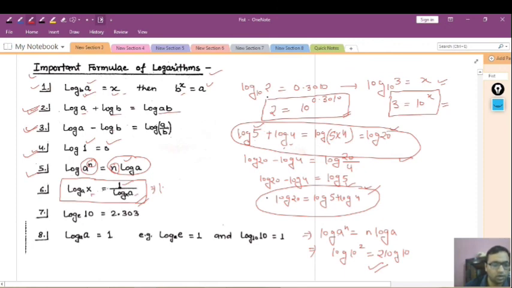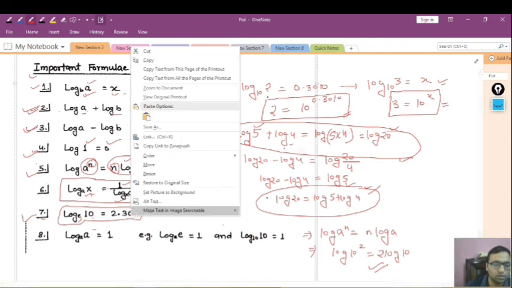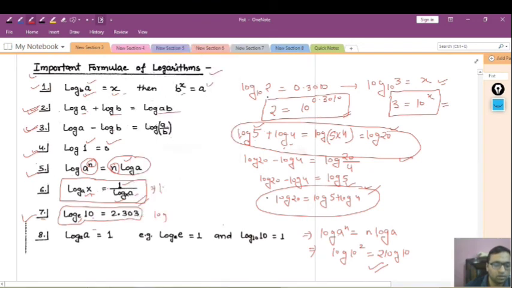You can understand this is base a and the second is base x. And the seventh property you have to remember is the value of log 10. On base e, remember, log 10 has this value, and on the same base it is 1.